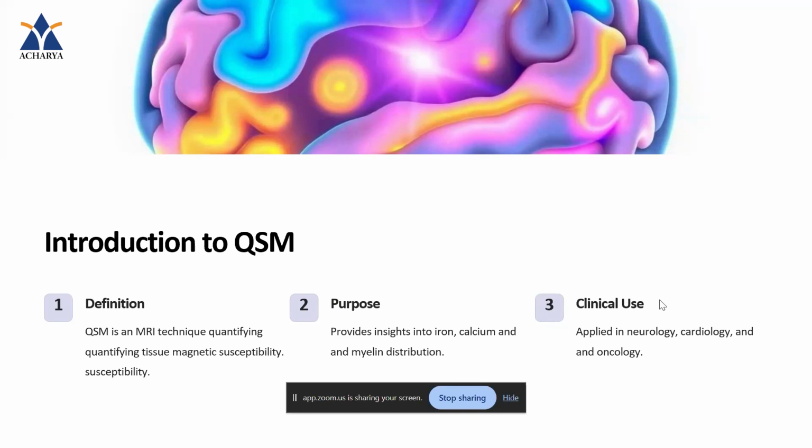Traditionally, in conventional MRI, we are getting qualitative images rather than quantitative. So here we are focusing on the quantitative maps.